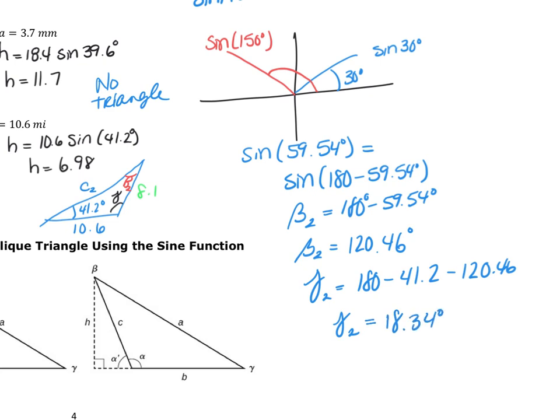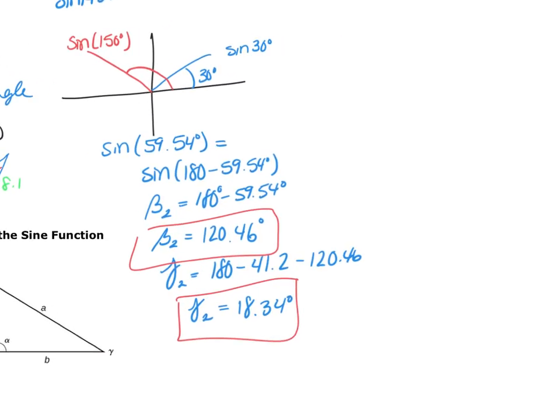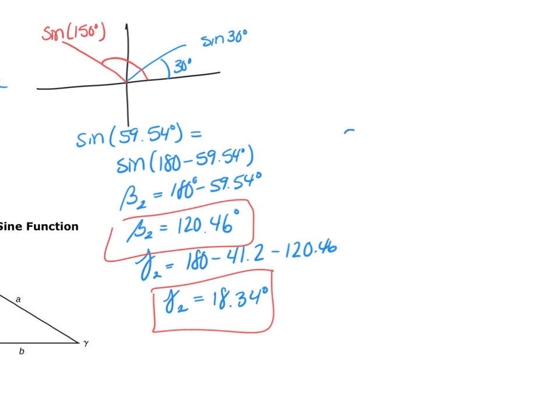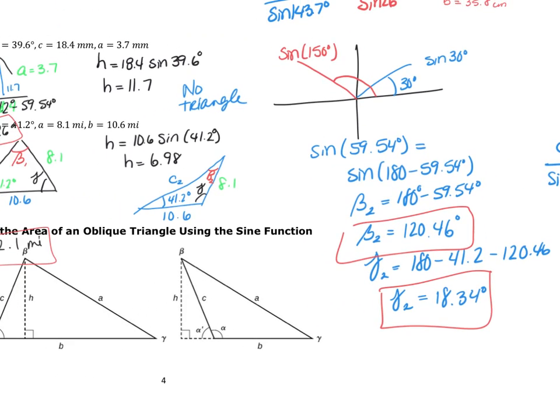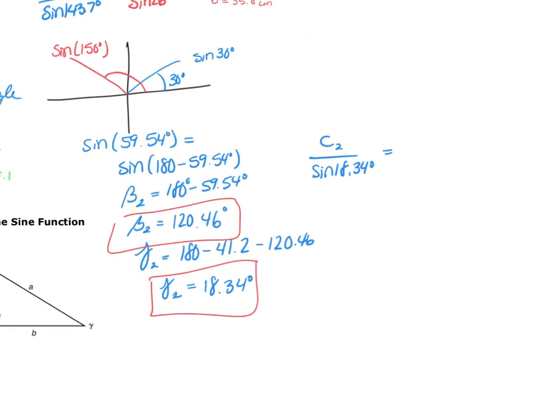Now, I've got my beta sub 2, I've got my gamma sub 2, and I would go ahead and find my c sub 2, so let's do that. C sub 2 over the sine of 18.34 degrees is equal to, my given side was 8.1, 8.1 over the sine of 41.2 degrees.